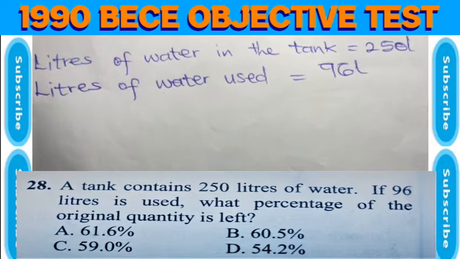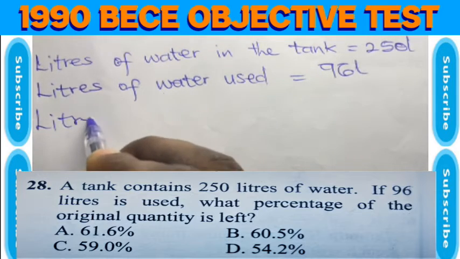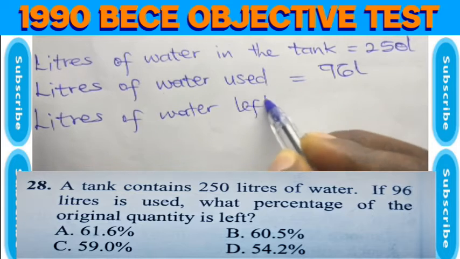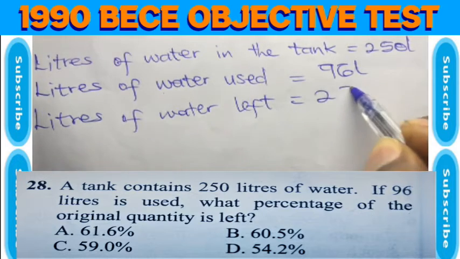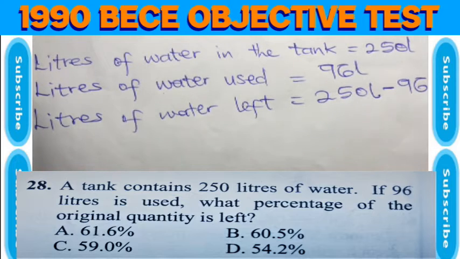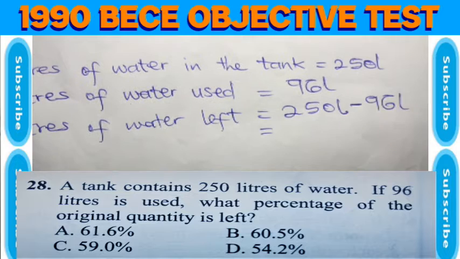So liters of water left will be 250 liters minus 96 liters. Let's find the difference over here, 250 minus 96.